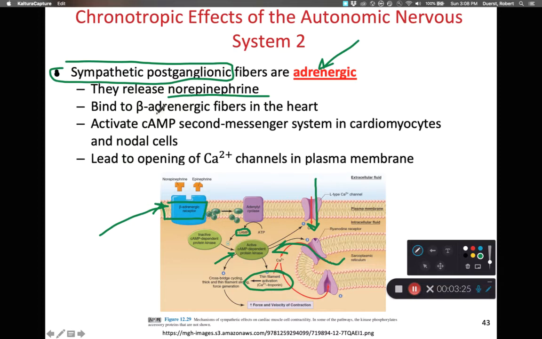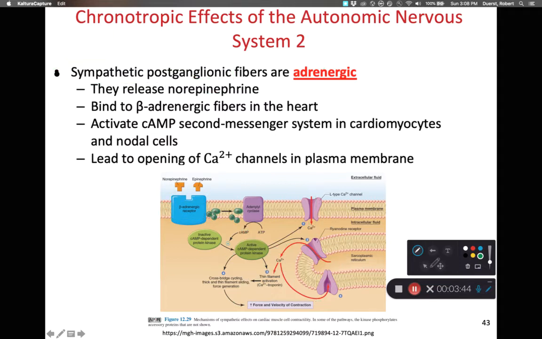Ultimately, as we have more norepinephrine and epinephrine make it to the heart, we are going to have an increase in the force of contraction and the speed of contraction, ultimately making our cardiac output increase, and we will have a positive chronotropic effect.